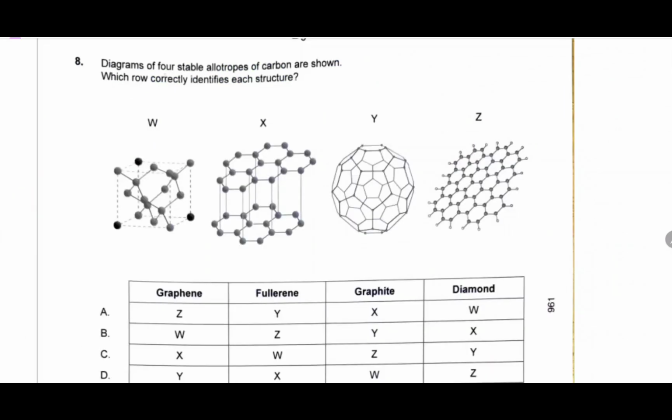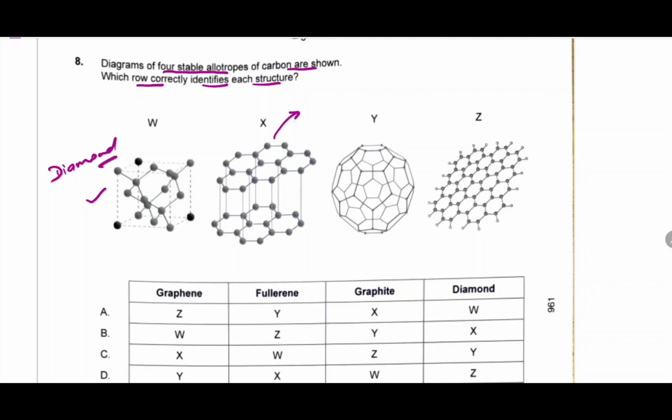Next question is question number 8. The diagram of the 4 stable allotropes of carbon are shown below. Which row correctly identifies each structure? Okay, so as we know, this is a direct question from the course of chemical bonding, allotropes of carbon. This structure, in which each carbon atom is connected to 4 other carbon atoms, is diamond.